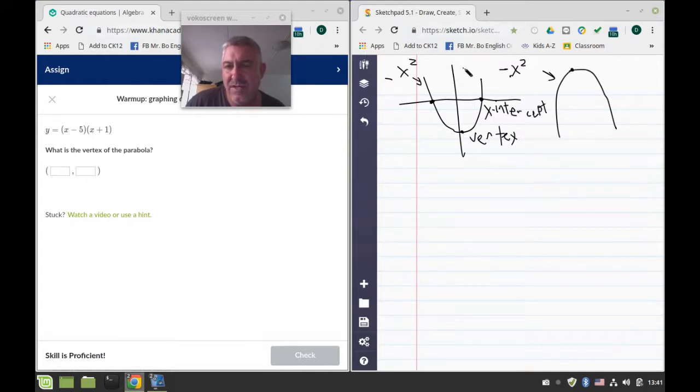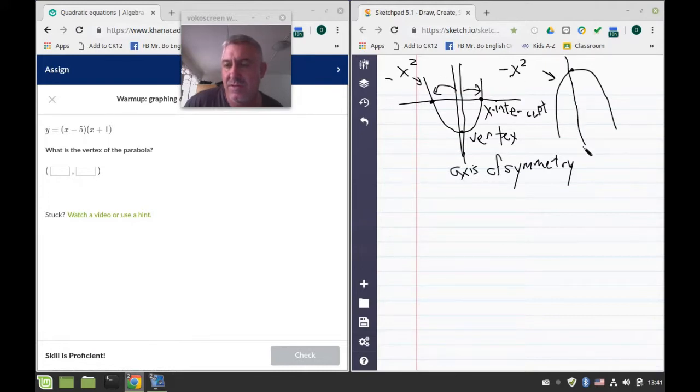And there's a vertical line that goes through the vertex that is called the axis of symmetry. Symmetry just means it's the same on both sides. So it's going to be the same on this side and the same on this side, and the distance on these two is going to be the same.